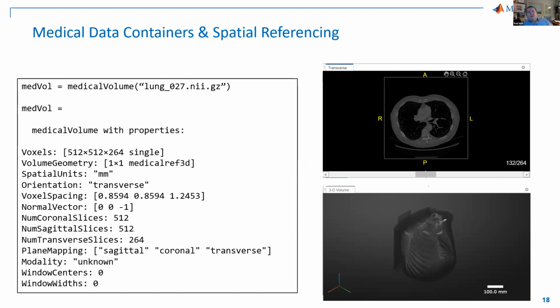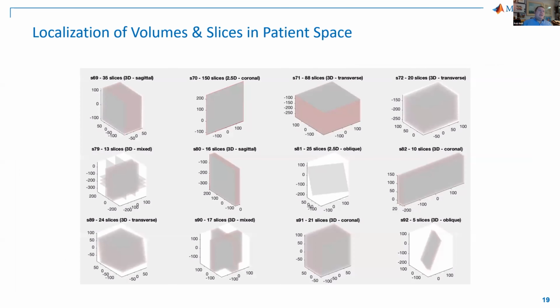So rather than only load a medical image as an image matrix and load the meta information and spatial information as something like a struct, all of that can now be loaded, including spatial reference information, into one object, which can be processed. And that one object doesn't have to only support regular Cartesian grid images. It can support oblique planes and even multi-slice planes. So this is super cool. This is really cutting edge.